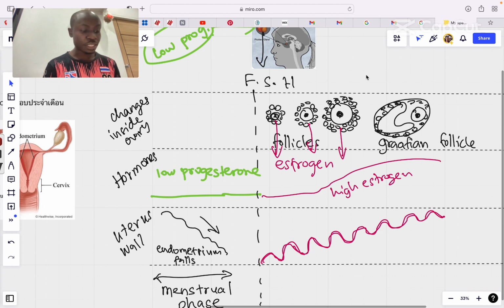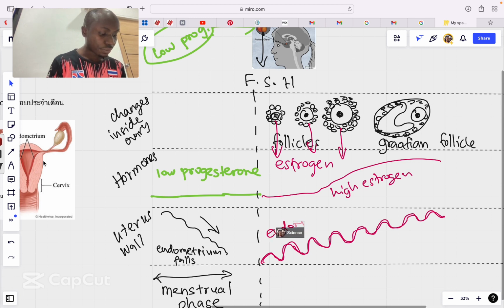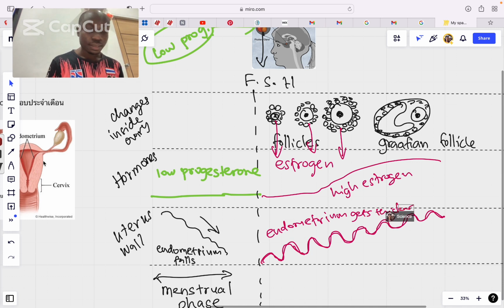We just had the eggs growing and getting bigger. So the wall has to get thicker because the baby will go inside the wall and grow. Let me write here, endometrium gets thicker, about 2 to 3 millimeters thick.